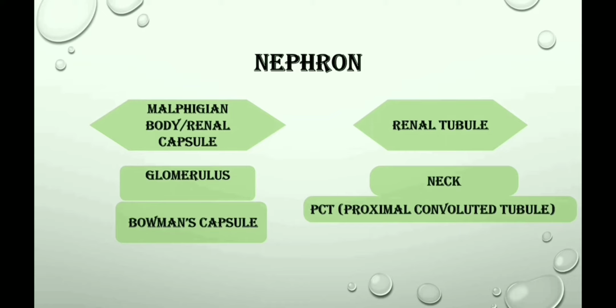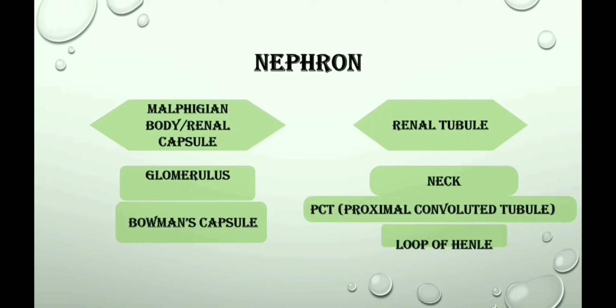Convoluted means twisted and tubule means tube-like structure. It is the proximal part which is highly coiled or convoluted, and it is tube-like, so it is called proximal convoluted tubule. This PCT then continues into loop of Henle.